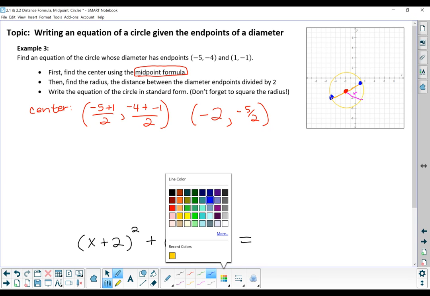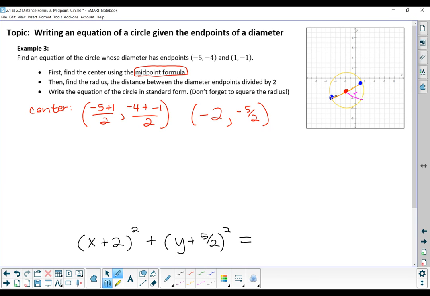We want to know this distance here, and the radius is just going to be half of that. If your center is at a nice whole number point, you might just directly find the radius from center to edge, but especially when my center has a fraction, I like to use the entire diameter to figure out the radius. So I'm going to draw a little right triangle here.